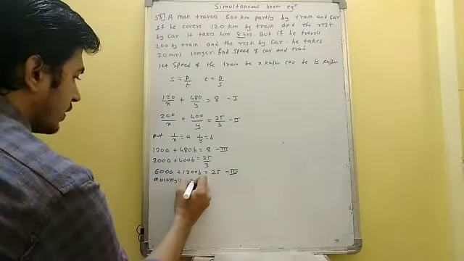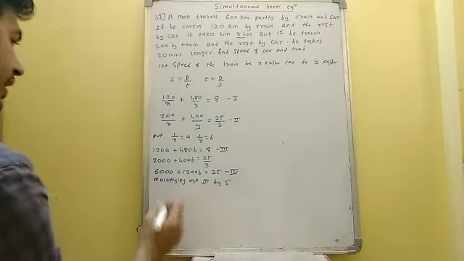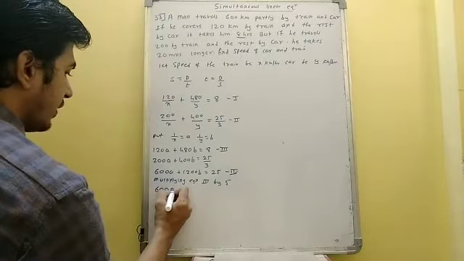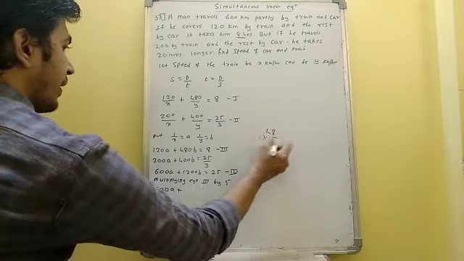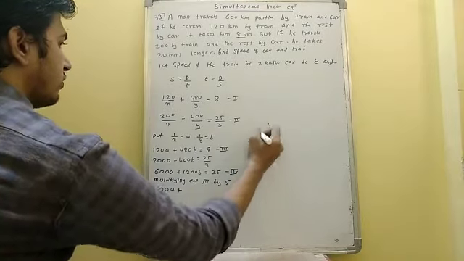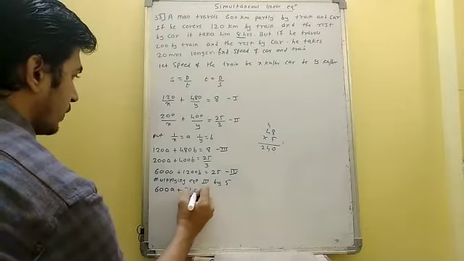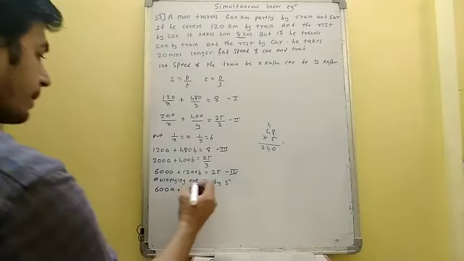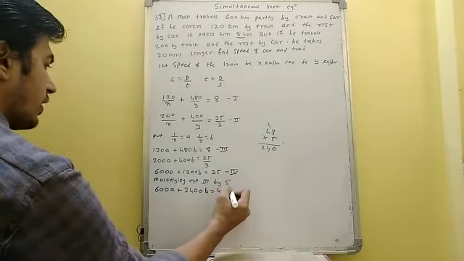Multiplying equation 3 by 5. So 12 fives are 60, so it is 600a plus 480 into 5, which is 2400b, is equal to 8 fives are 40.